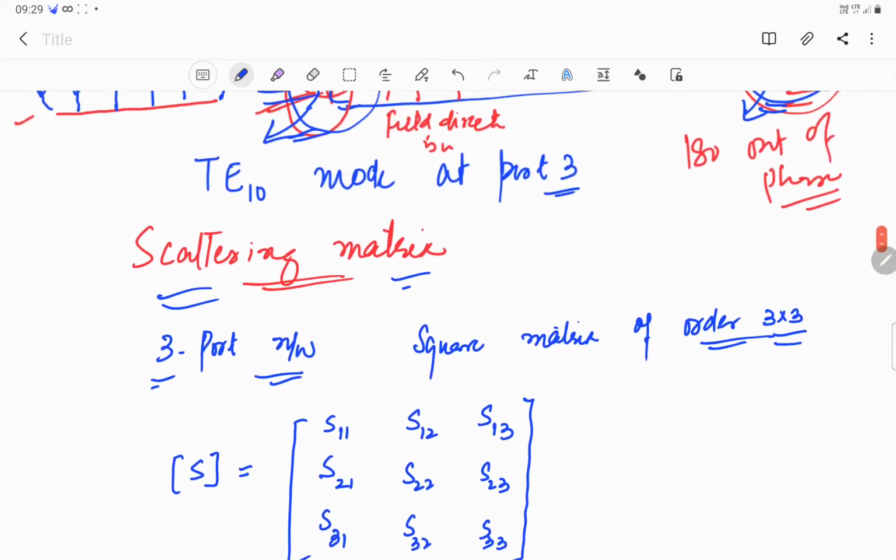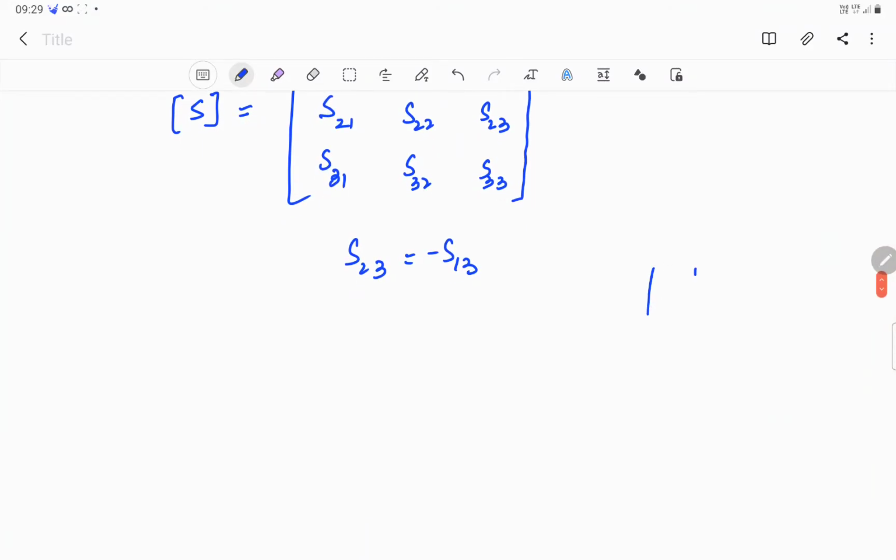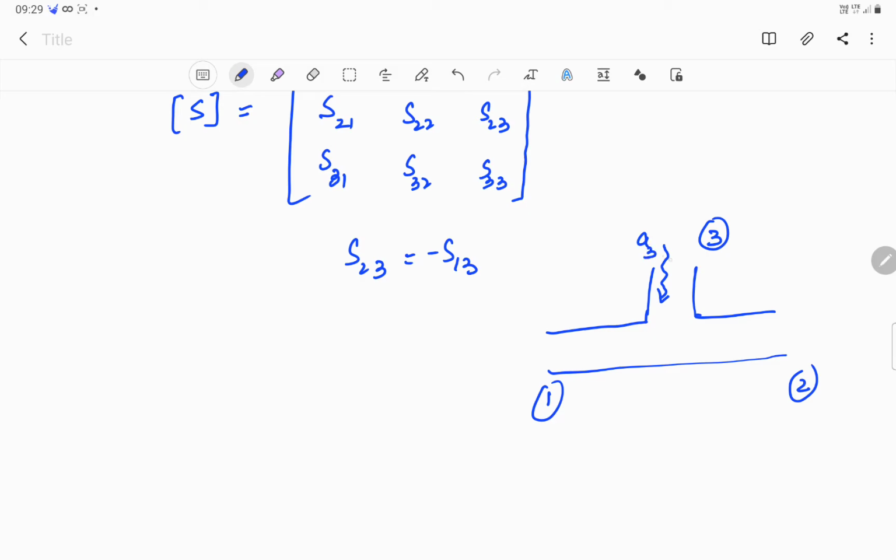Further, let me draw it again. We have this as a 3-port junction. This is port 3, this is port 1, and this is port 2. Now if I feed a signal here at port 3, assuming this is the incident signal, there would be a reflected signal B3. But port 3 is matched to the junction.